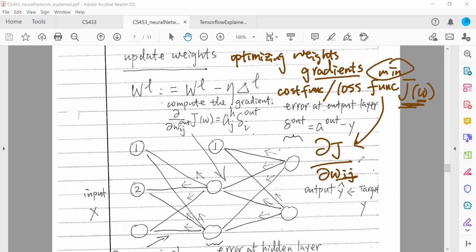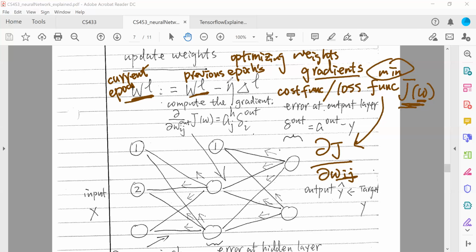So we can take a partial derivative. The weights update is: the previous epoch's weights, and you want to get the current epoch's weights. An epoch is each iteration of our training from the beginning to the output.